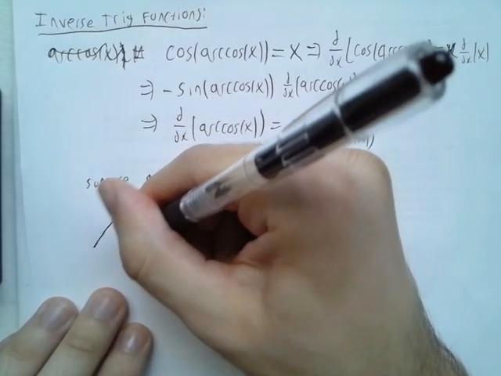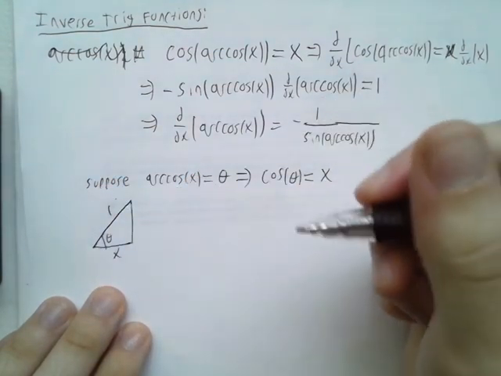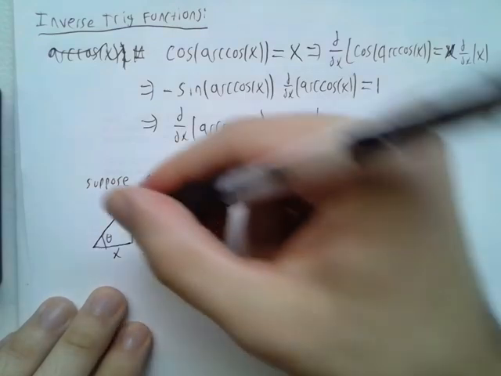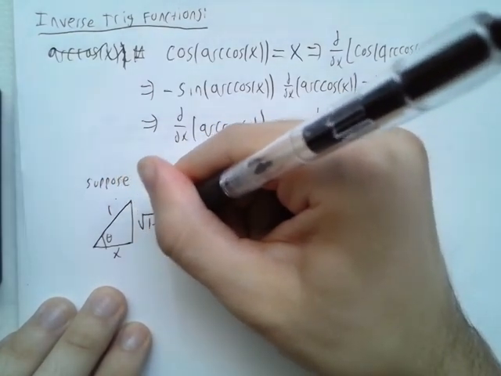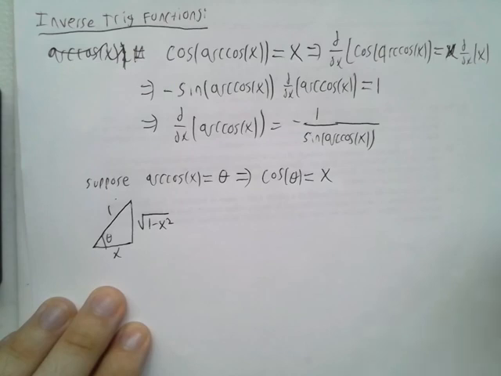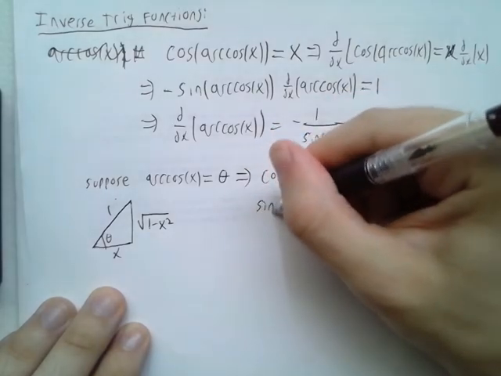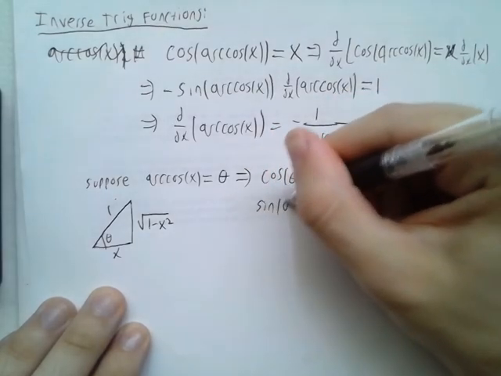and this is theta here, we know the hypotenuse is 1 and the adjacent side is x, then by the Pythagorean theorem, this side must be square root of 1 minus x squared. So that tells us that sine of theta is equal to opposite, which is square root of 1 minus x squared, divided by the hypotenuse, which is 1.